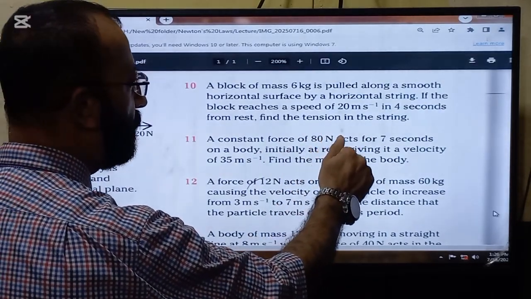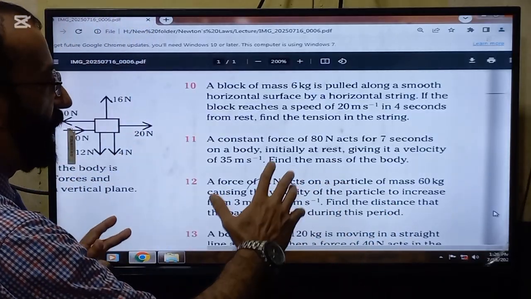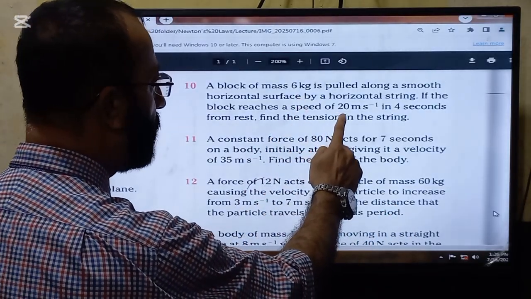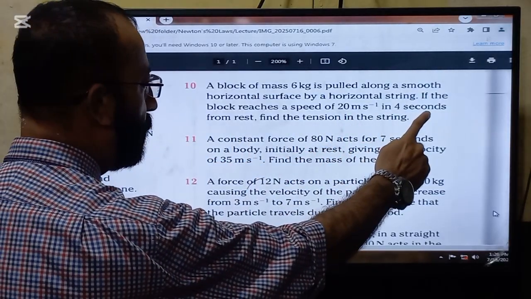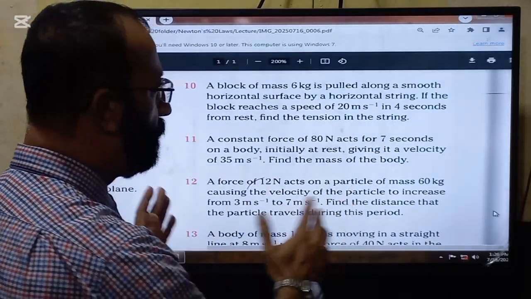So it means force F is required. This is the data: M is 6 kg, v is 20 meter per second, u is 0, time is 4 seconds, and F is required. So come to the board now, we will solve it.